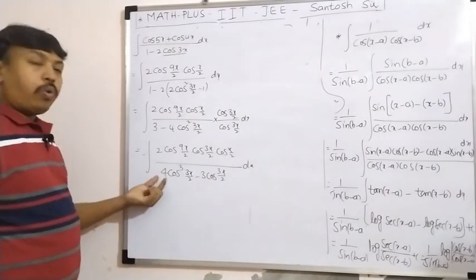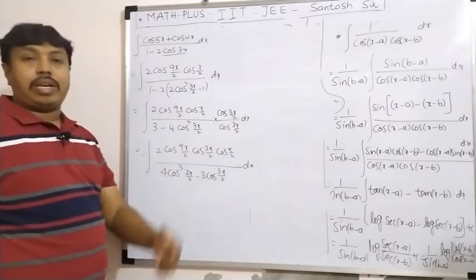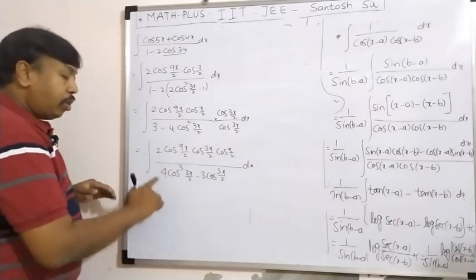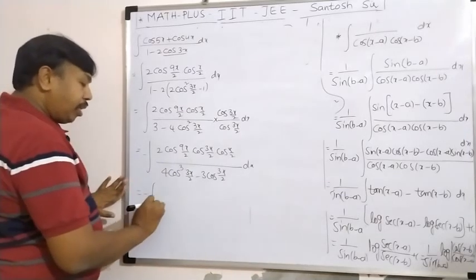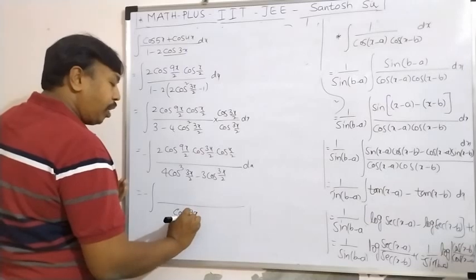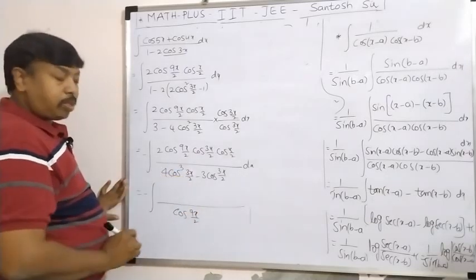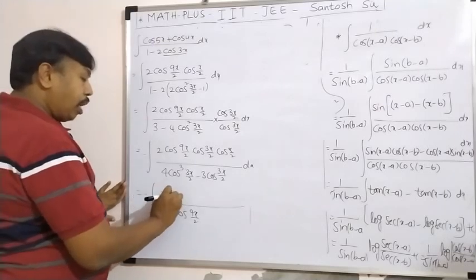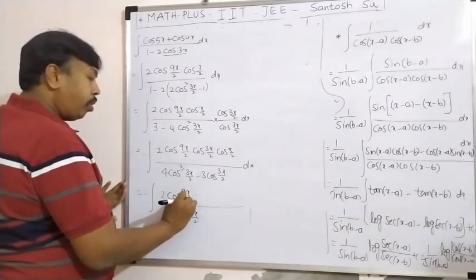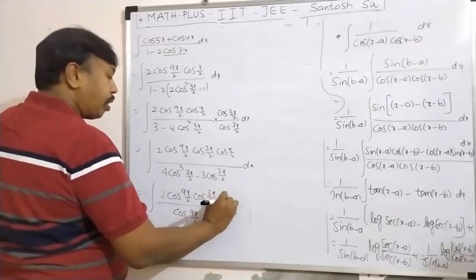See here, 4 cos cube theta minus 3 cos theta is cos 3 theta. So this entire denominator becomes cos of 3 times 3x by 2, that is 9x by 2. So 2 cos 9x by 2 into cos 3x by 2 into cos x by 2.